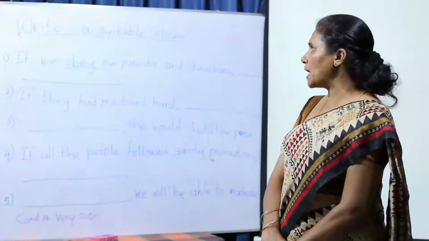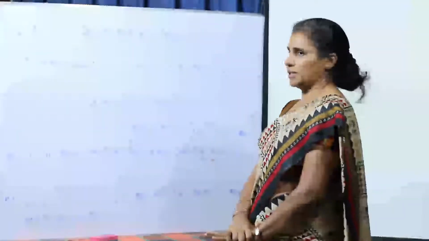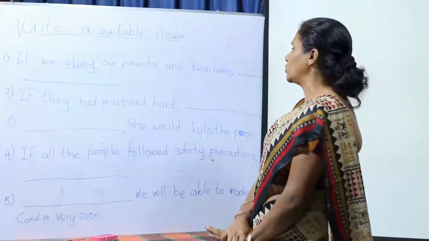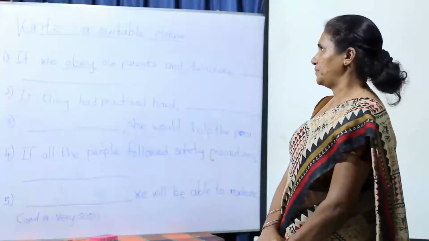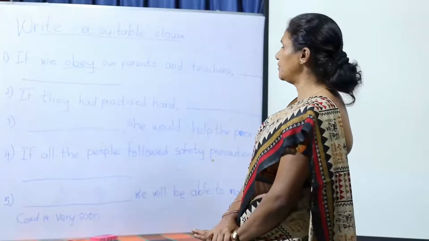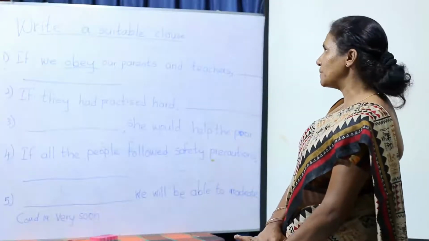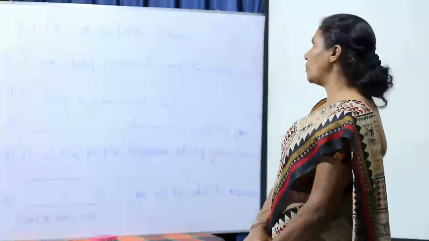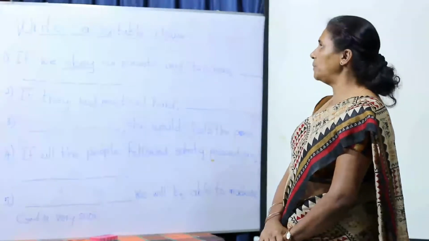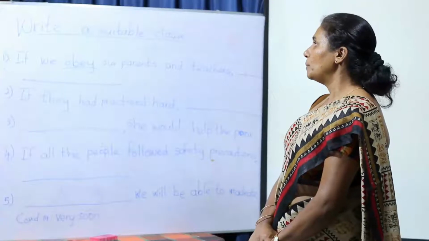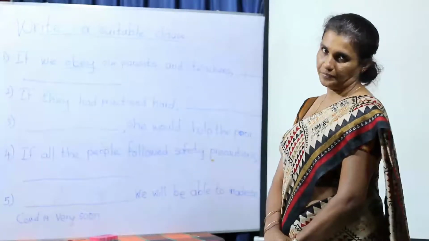Can you give me an example for this? If we obey our parents and teachers, if we obey our parents and teachers. So I will give you an example. Please write your own example using simple future. If we obey our parents and teachers, we will be able to be good citizens for the country.